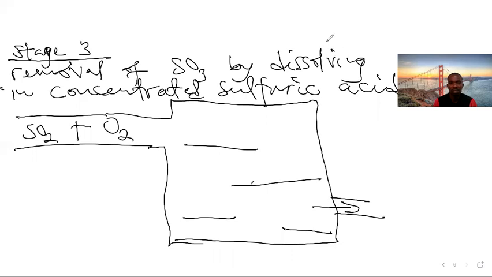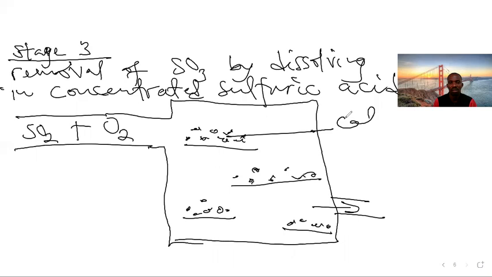Here you have the vanadium oxide pellets, and we refer to that as the catalytic bed. This is the catalyst, and here is the catalytic bed.